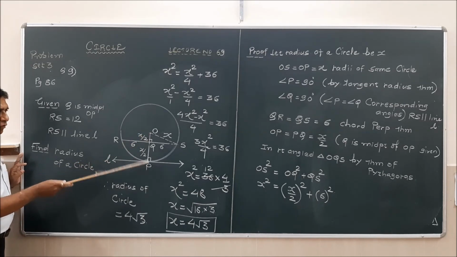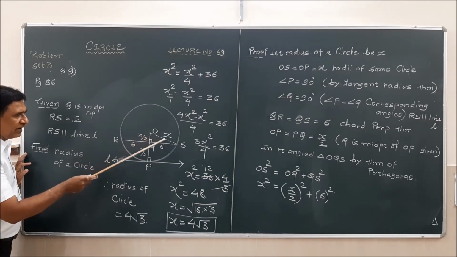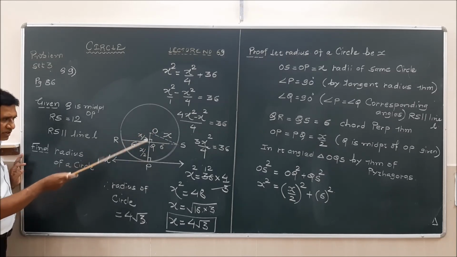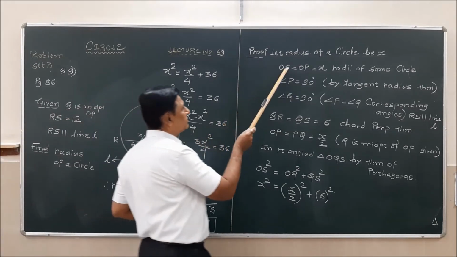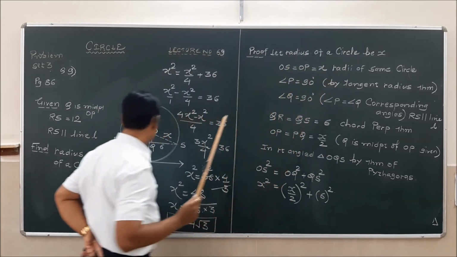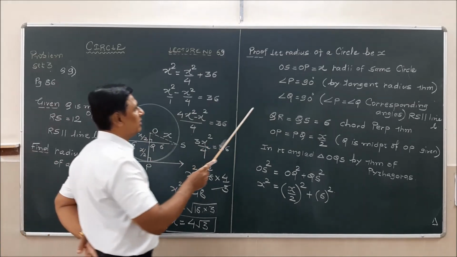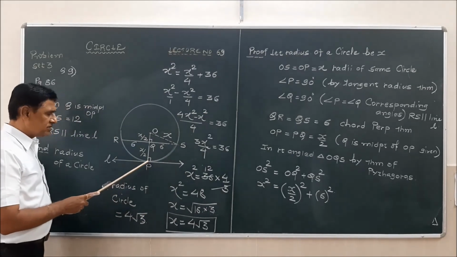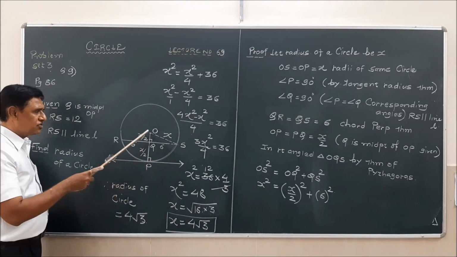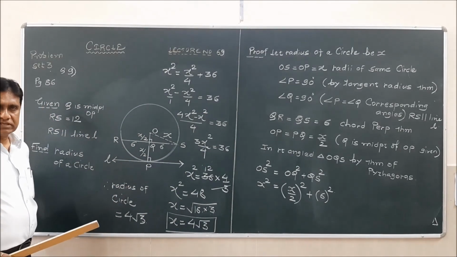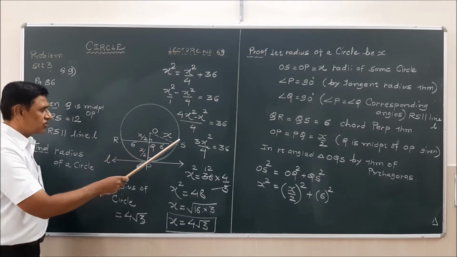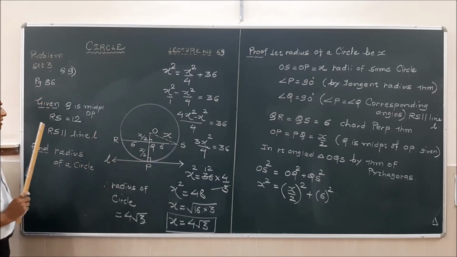Q is the midpoint of OP. We have to find out the radius. If I take radius as x, total OP is also x. So x upon 2, this is also x upon 2. OS is equal to OP is x, same radius. P is equal to 90, Q is also 90. P is 90, tangent is perpendicular to the radius. But P and Q are corresponding angles because RS is parallel to line L, that is what is given.